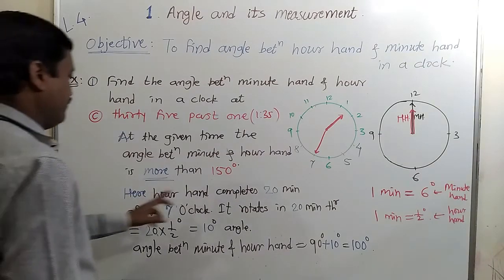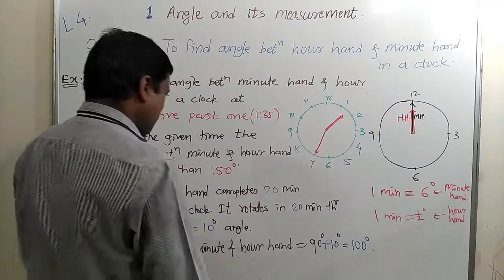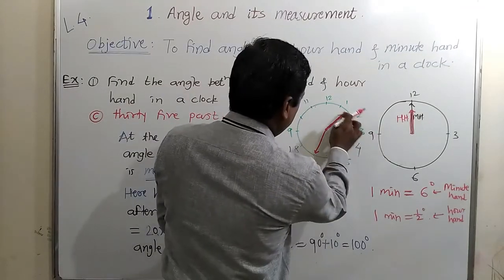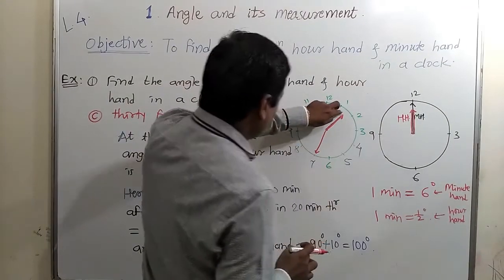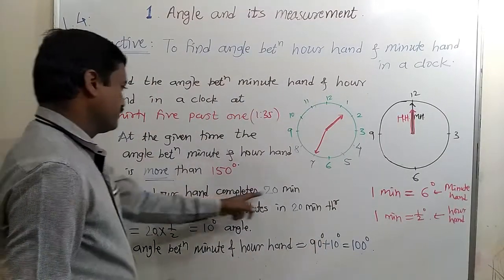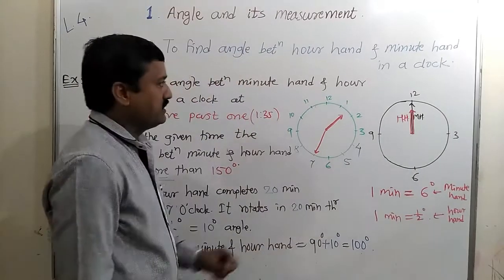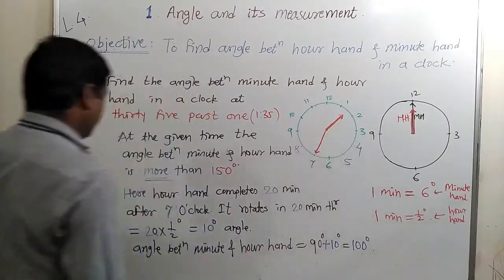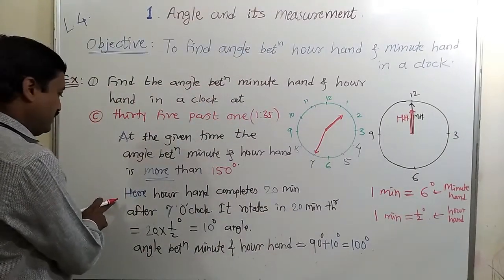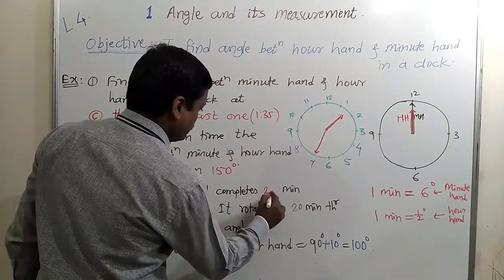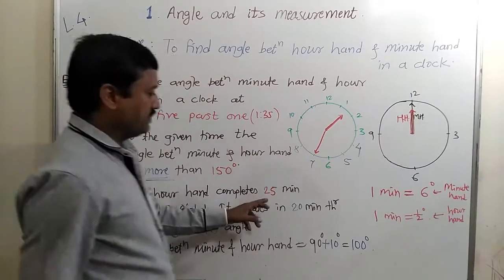So here the hour hand completes, now this is 150. Again here the hour hand completes 35 minutes, means remaining 25 minutes to reach up to 2. So here our hand completes 25 minutes. Why 25 minutes?